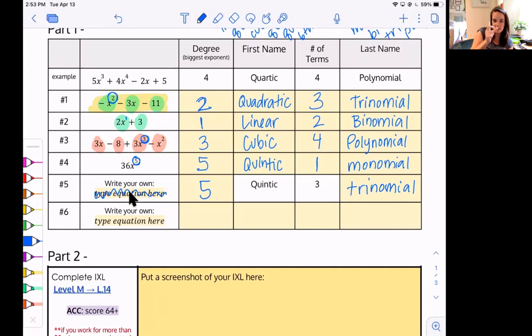Three terms, 3 parts, right? So it's going to have 1 part plus another part plus another part. And then what does it mean that it's got to be quintic? What does it need to have in order to be quintic?